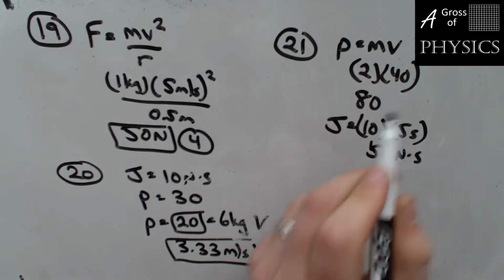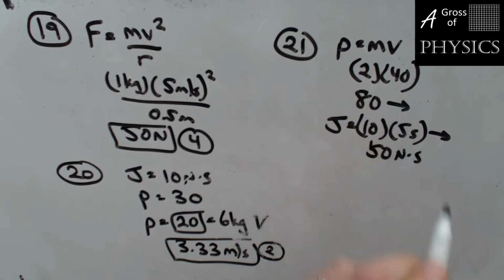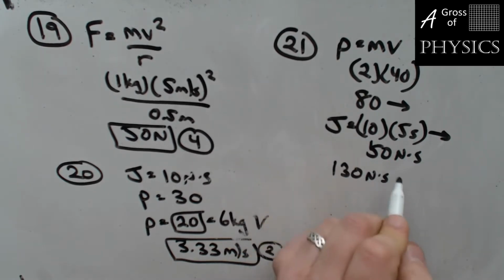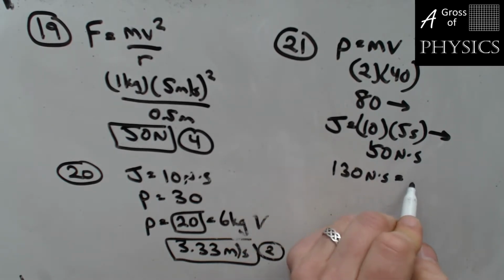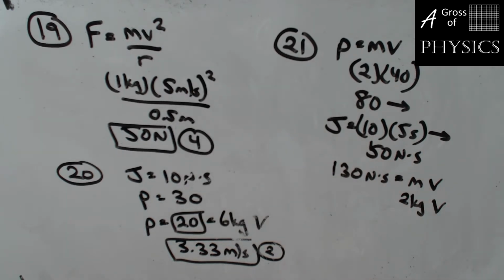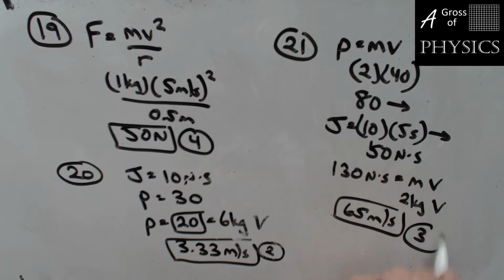So 80 and 50, because they're both going to the right, so it's going to help. 130 newton seconds equals mv. So it's a 2 kilogram object. So the v is going to be 130 divided by 2, or 65 meters per second. Choice 3.